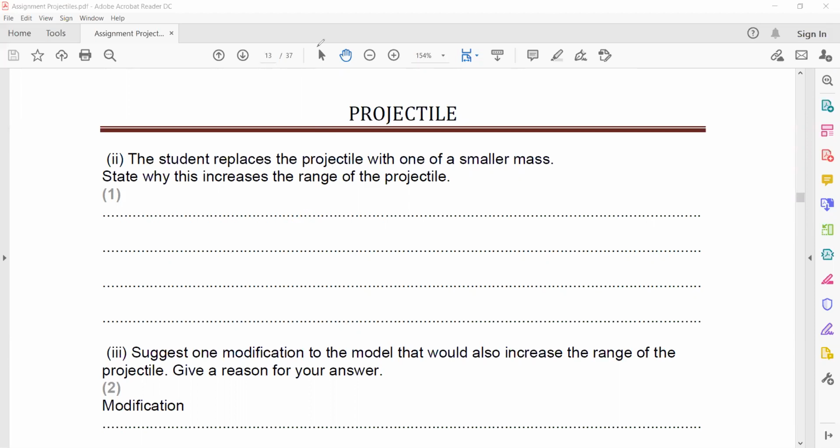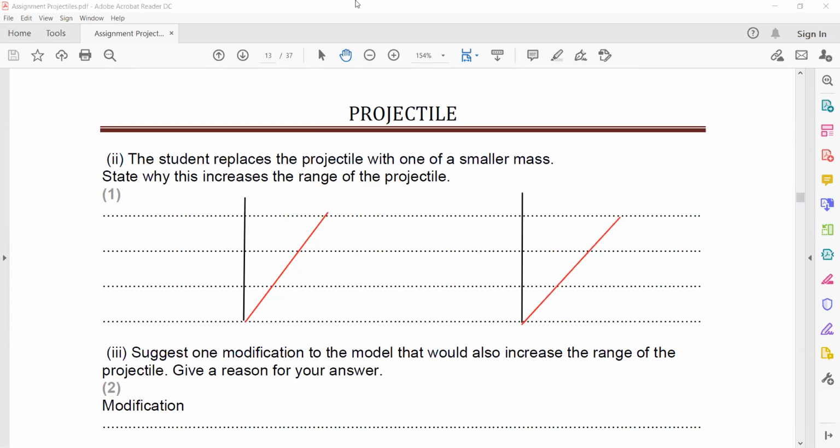For example, say this is a vertical plane, the crossbar, where when it hits the crossbar the projectile is released, and we change the angle to 30 degrees for both.